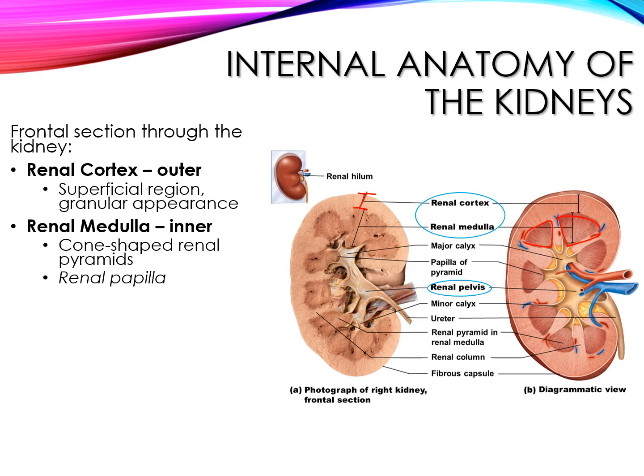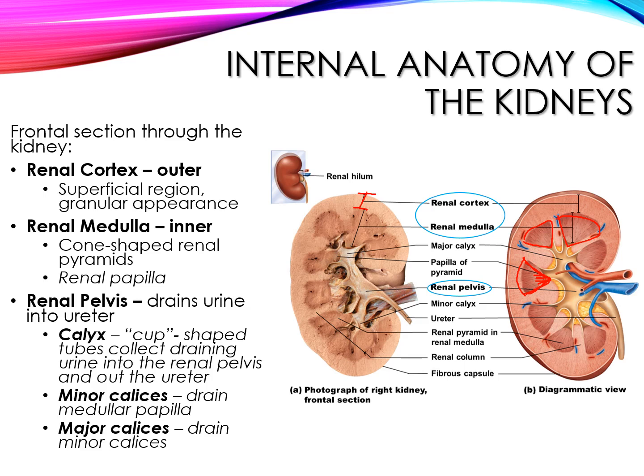They look like triangles in 2D, but in 3D, they're actually cone shaped, okay? And at the base or the bottom of those pyramids, it comes to a point, and at that point there's a bunch of collecting ducts that we'll talk about, and they all come together into what's called the renal papilla. We'll talk a little bit more about that in a minute.